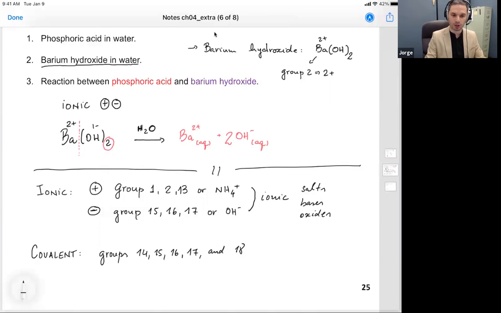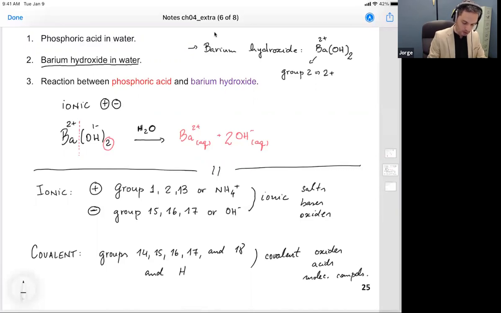Covalent compounds also include hydrogen. That's important. They are usually going to be oxides as well, acids, or what we call molecular compounds.